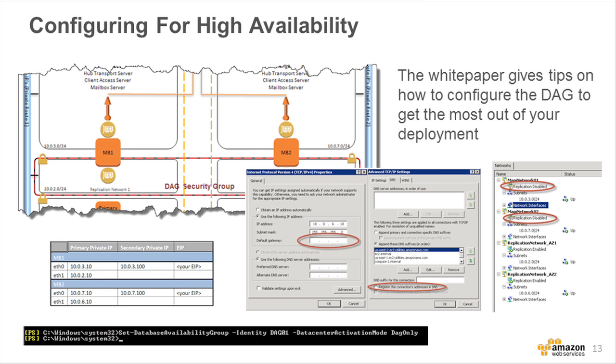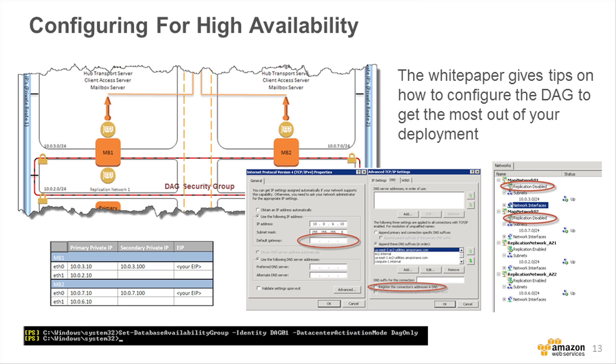And last but not least, a standard configuration task is for Exchange to disable replication on your mail network and enable replication on the availability group network. But these are not any different tasks from what you would do in your on-premise environment.